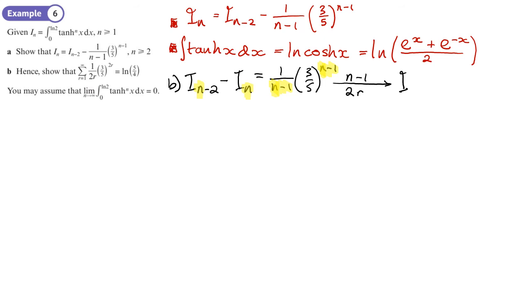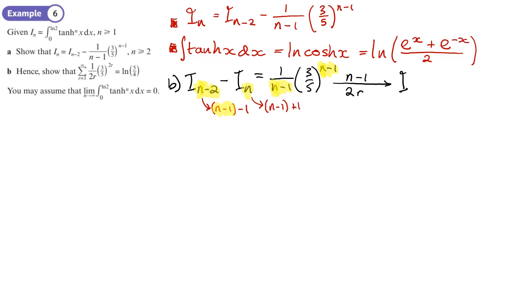Now this n minus 2 here, well, that could be written as n minus 1 minus 1, so that gives me the n minus 1 to substitute, and the n that we have here, well, this could be written as n minus 1 plus 1.